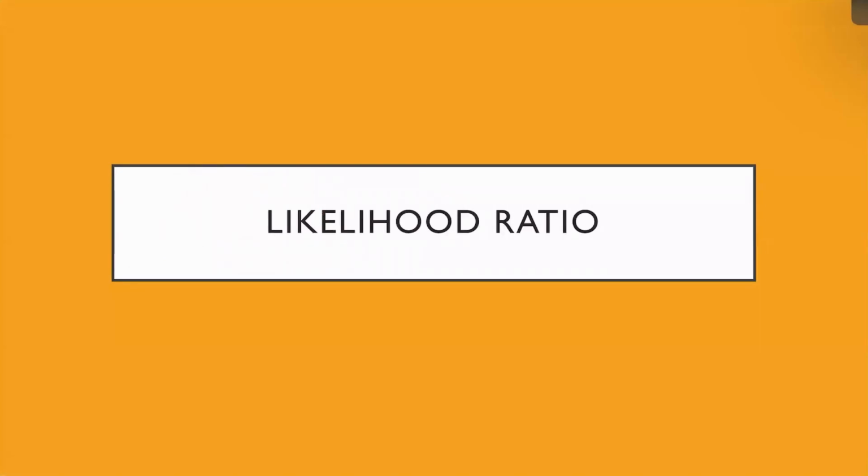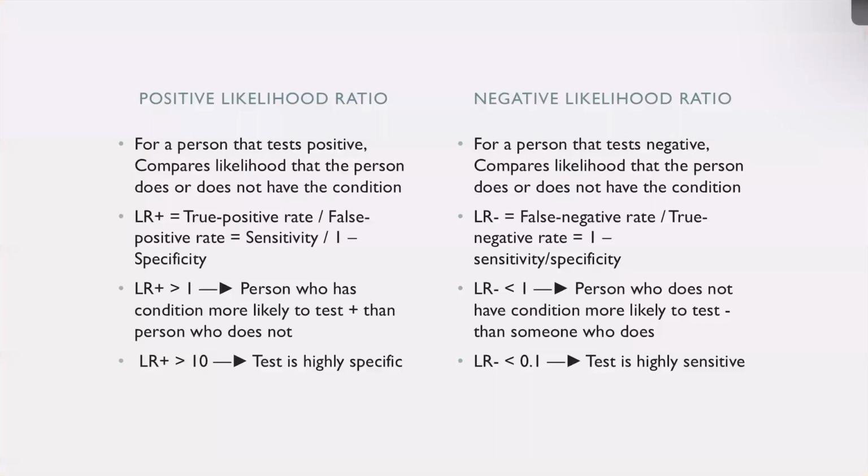Then we talk about likelihood ratio. There is positive likelihood ratio and then there's negative likelihood ratio. So what is positive likelihood ratio? For a person that tests positive, it compares the likelihood that the person does or does not have the condition. In other words, it is the probability of positive result in a patient with disorder divided by the probability of positive result in a patient without disorder.